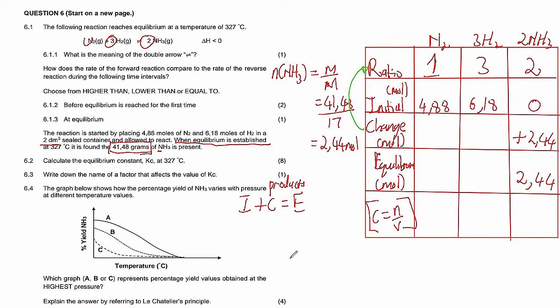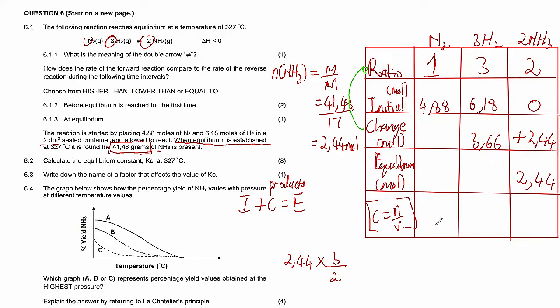So that means 2.44 multiplied by 3 and then divided by 2. Right, so it's this multiplied by that divided by this. And then when you punch that in your calculator, you get 3.66.